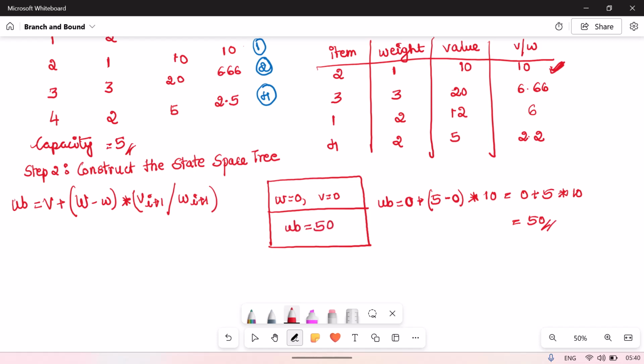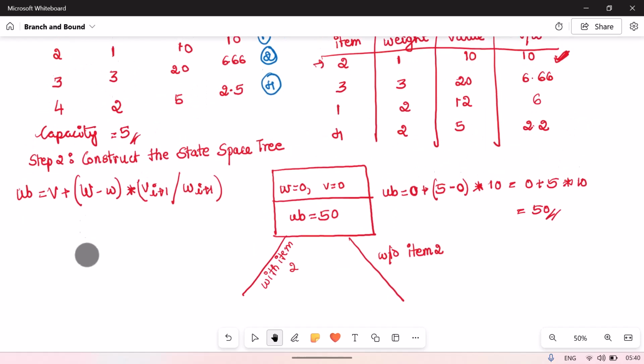Like this. Next, now you'll have to go with this order only. So first with item 2, then without item 2. Okay, without item 2.